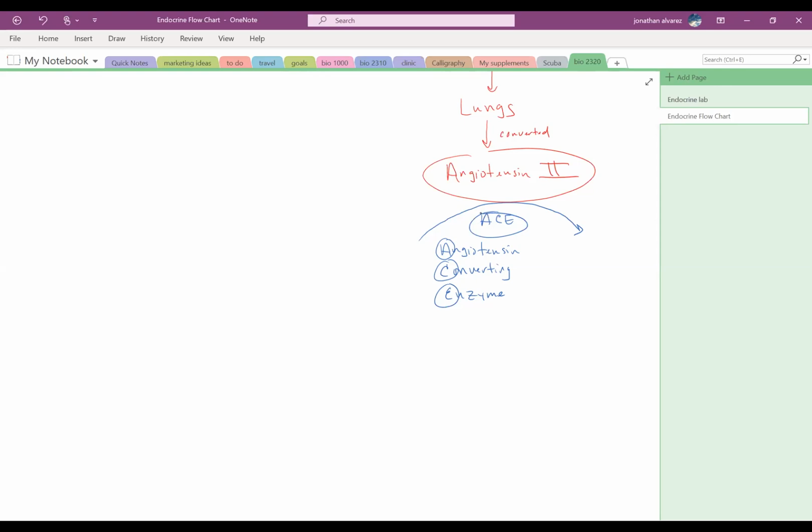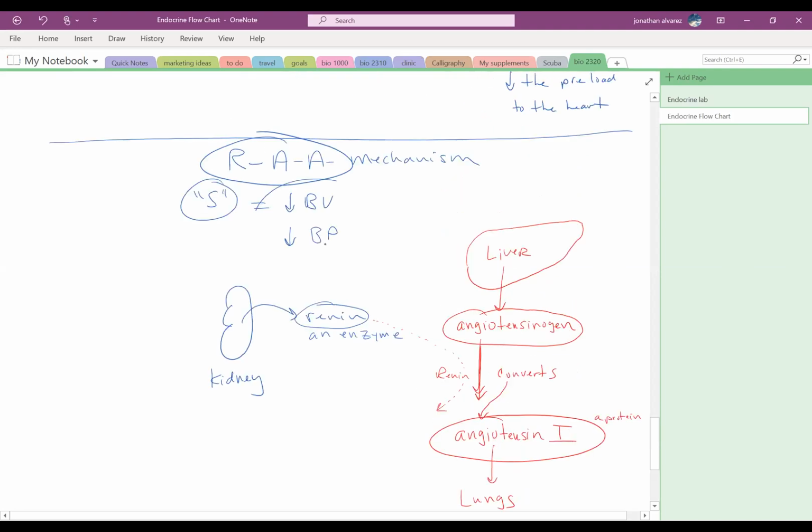Okay, so angiotensin 2 is considered a very powerful vasoconstrictor. Now remember, the stimulus here is low blood volume, low blood pressure.